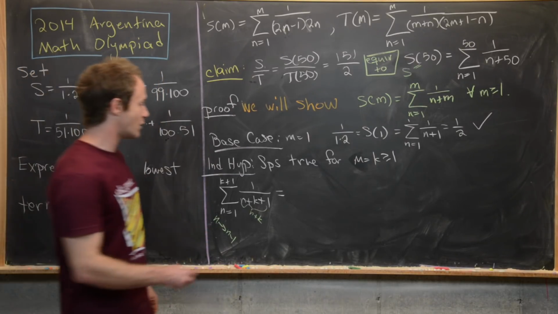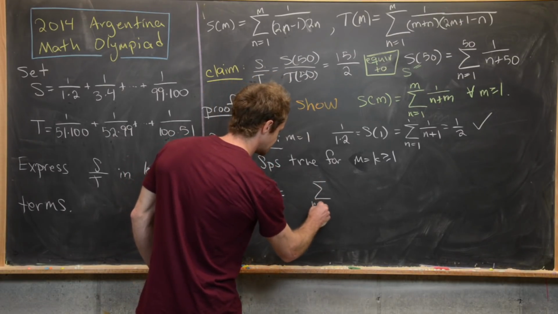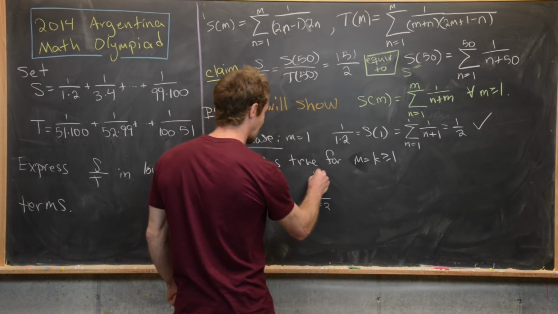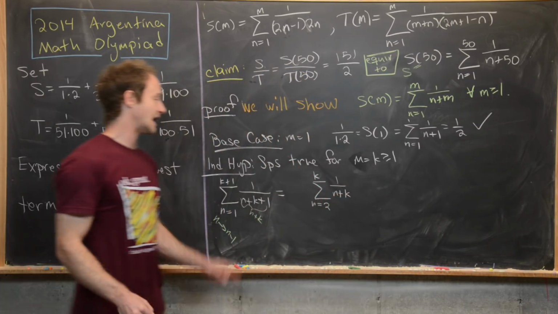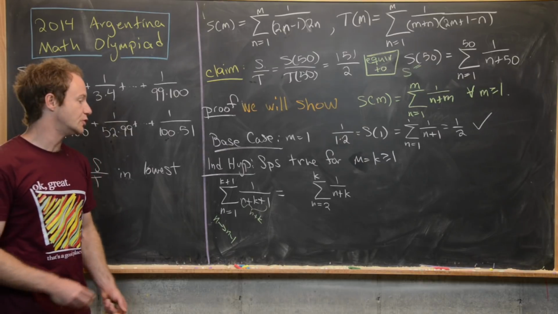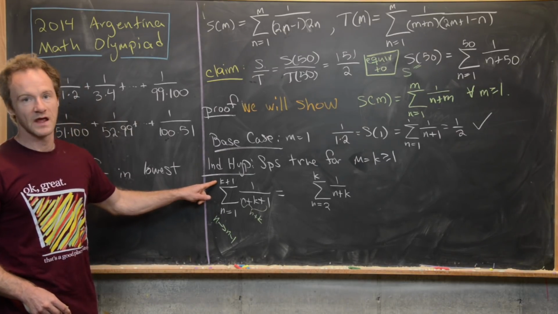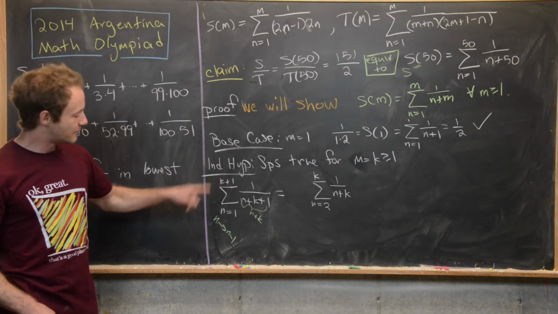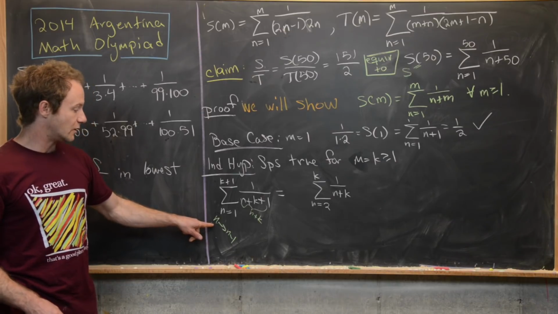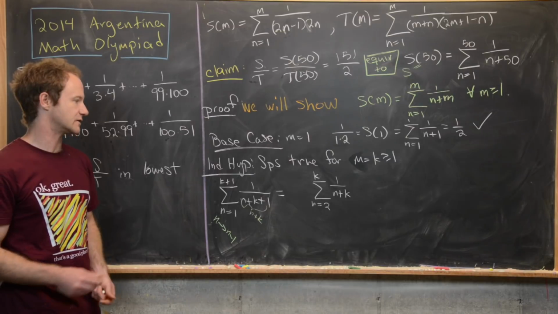Okay, so now what we can do is rewrite this as the sum as n goes from 2 up to k of 1 over n plus k. And I want to point out that I left out two terms. I left out the k plus 1 term and the k plus 2 term. And you might say, well, there is no k plus 2 term, but the new upper bound will be k plus 2, given that if n minus 1 equals k plus 1, then n equals k plus 2.